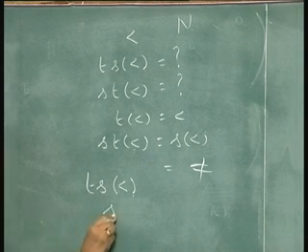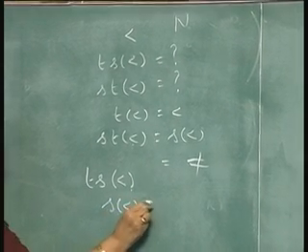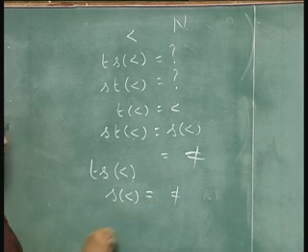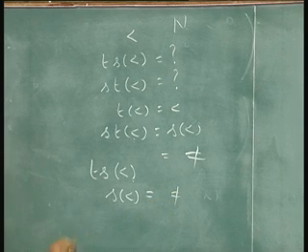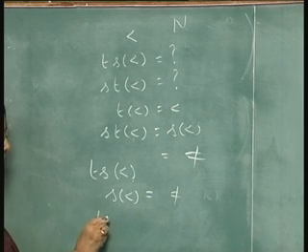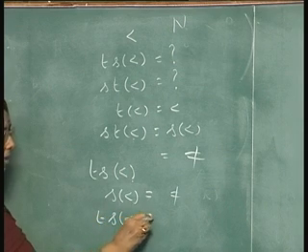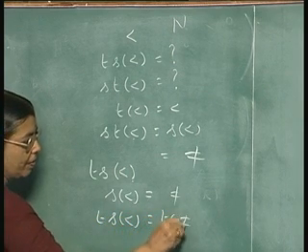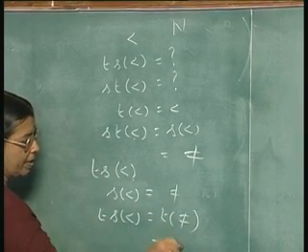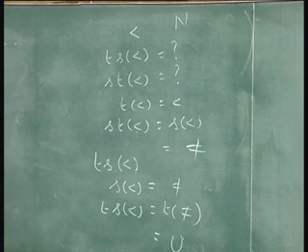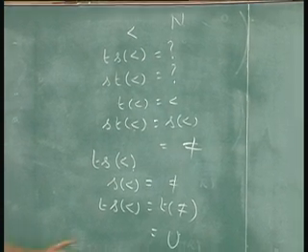what is the symmetric closure of the less than relation? That is the not equal to relation. And what is the transitive closure of this? That is the transitive closure of the not equal to relation, which is the universal relation on the set of non-negative integers. They are not the same.